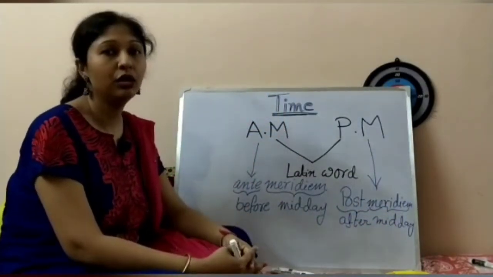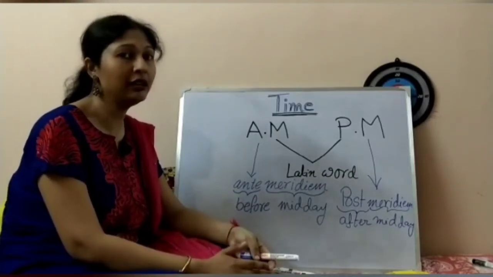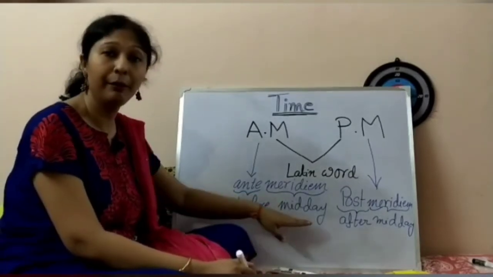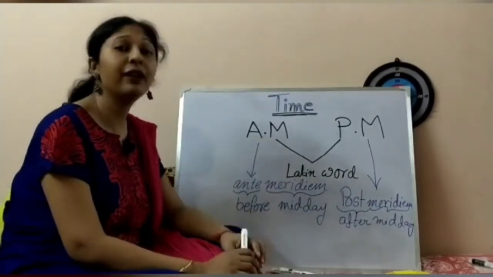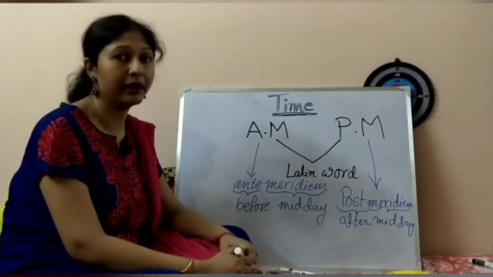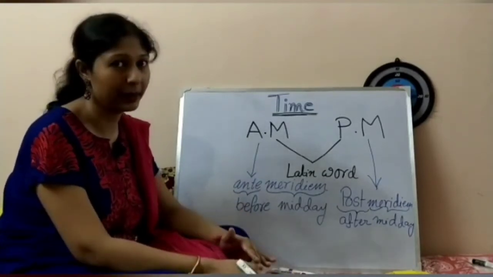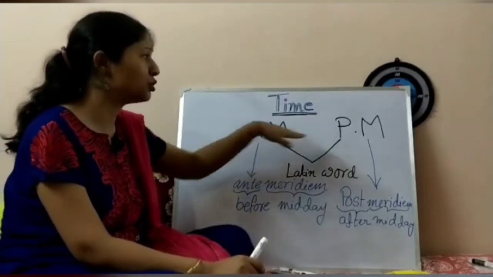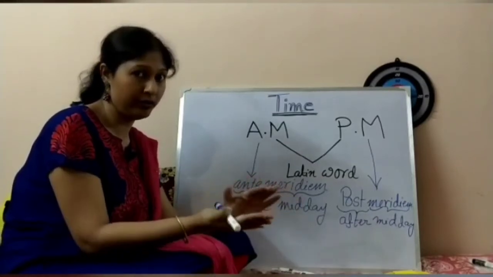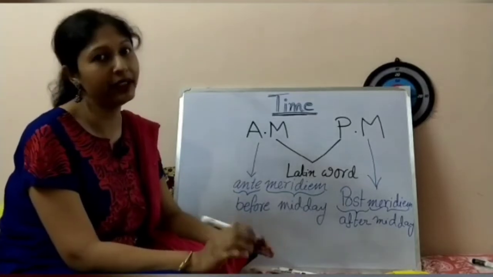If I tell you 10 AM we will go to the market, you can easily identify that it is morning, because it is before midday, meaning AM. If I tell you 6 PM we will go to the doctor's chamber, 6 PM means it is evening, that is after midday. So in these two ways we can easily identify whether it is the morning half or the after-midday half.